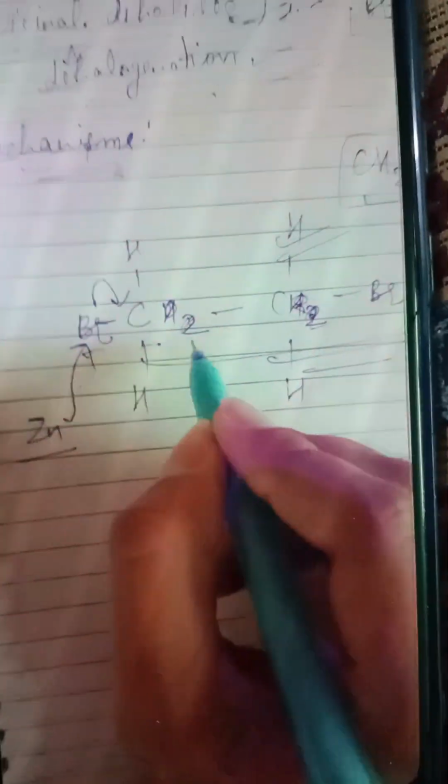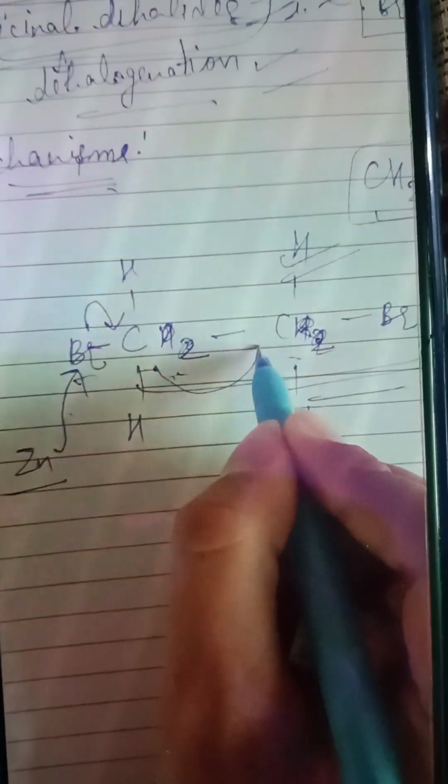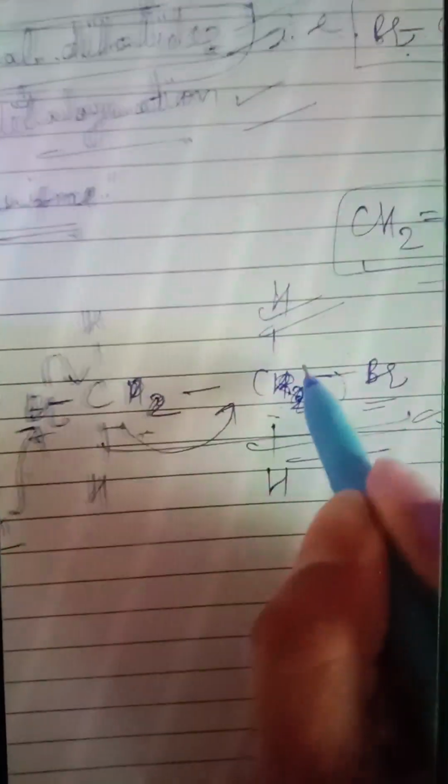These electrons are further transferred to the C-C bond of our vicinal dihalide like this. And now, to maintain the octet rule, this carbon atom gives this bromine atom its electrons back, which results in the elimination of the bromine atom from this carbon atom.